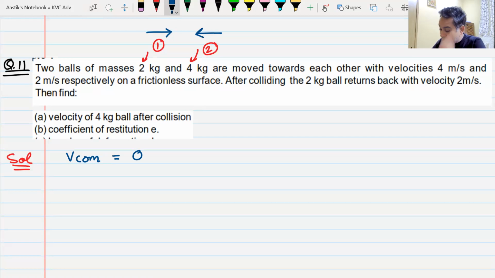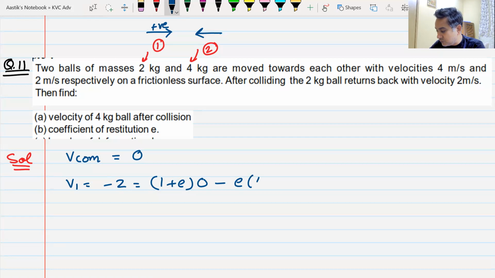Now you know the velocity of the first ball. The velocity of the first ball is 2 meters per second, so it is -2. It was going like this, that is positive; I have taken this as positive. It comes back, it is -2. That should be equal to (1 plus E) times VCOM, which is 0, minus E times U2.